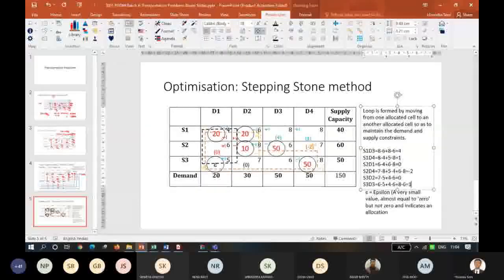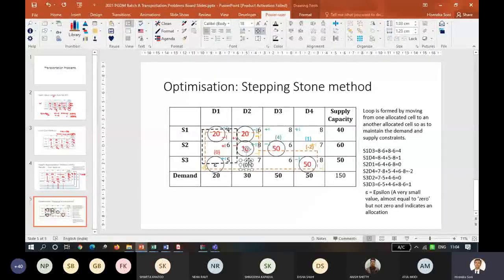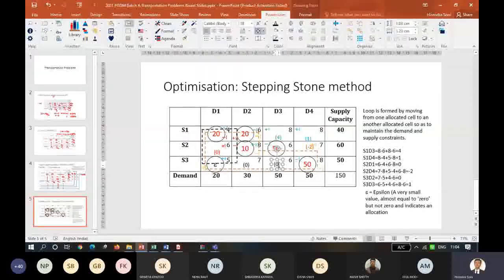I'll just create a copy and I will indicate this. I call it an opportunity cost. So in case an allocation is made here, it will increase my cost by 1000 rupees per unit allocation, or 1 rupee per unit allocation. Okay.